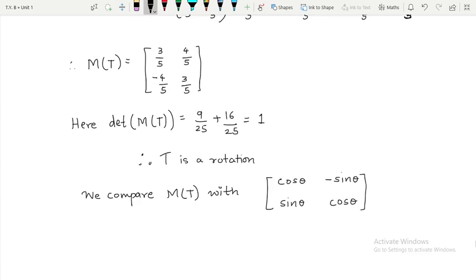So after comparison, what you are going to get? Therefore, my cos theta will be 3 upon 5, minus sine theta will be 4 upon 5. Sine theta will be minus 4 upon 5. Remember, you will get the same values of sine and cos theta will be 3 upon 5.